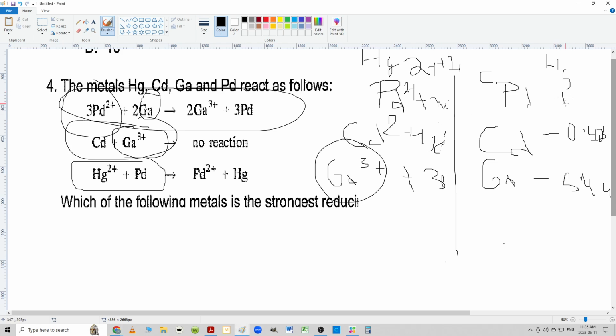This is the only one that's going to be controversial. And then I have to look up the potential of Hg2+, and it's probably going to be the 2+, which is also a little bit higher. It's 0.92 or something. Let's see, 0.92, yeah.